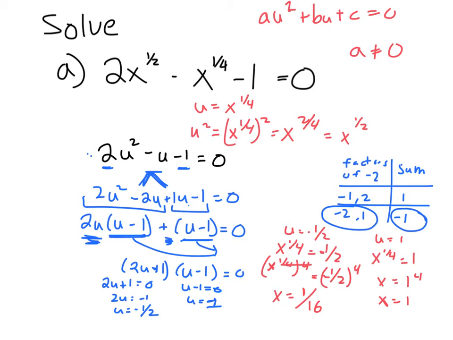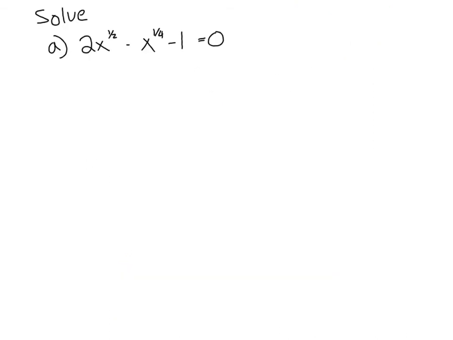Okay, so let's check our answers. I'm going to clear the page here. So our solutions were X equals 1, and then also X equals 1/16. Okay, so let's do the check for both of these.